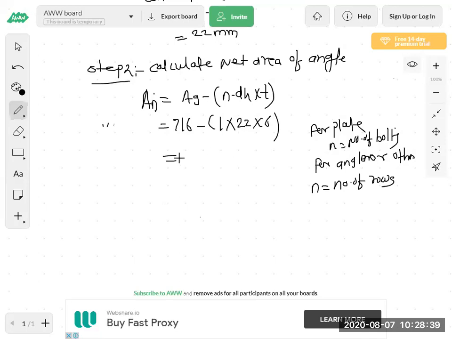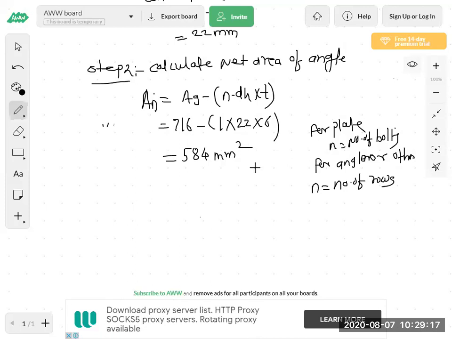Now calculate An. What is An? 584 mm square.